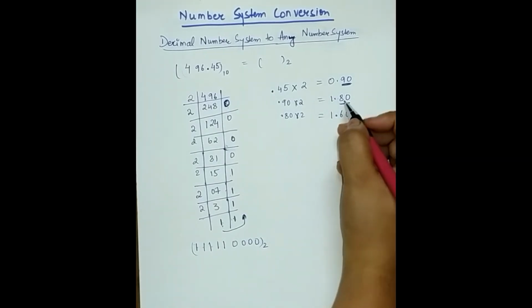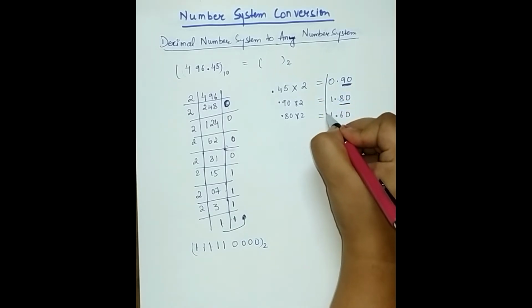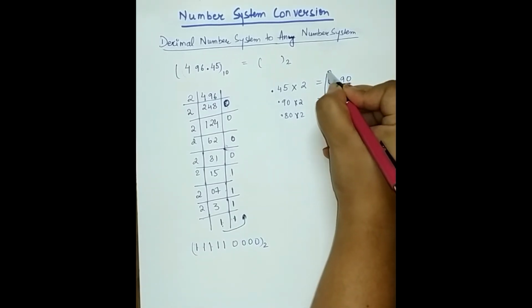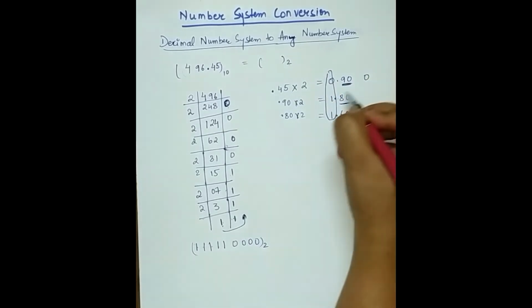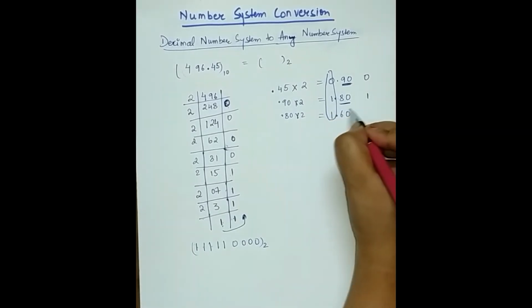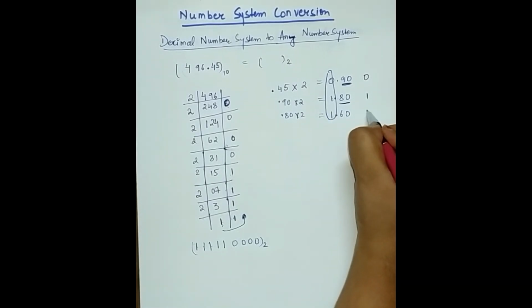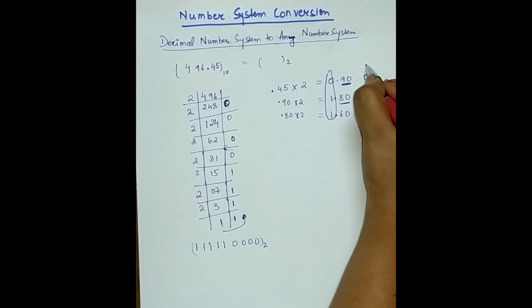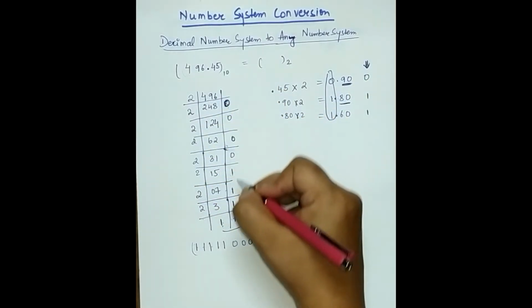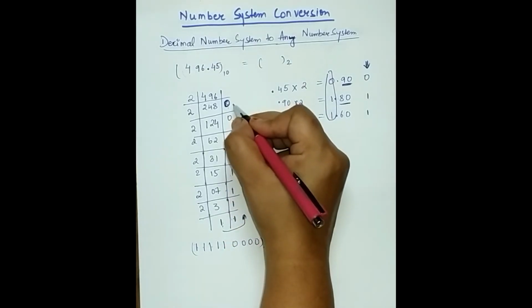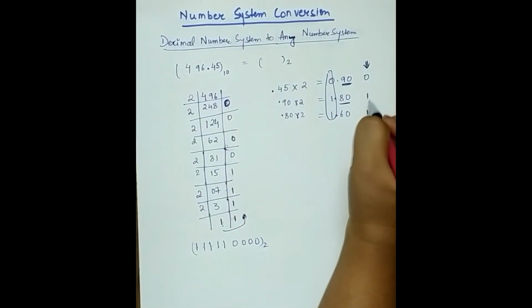Then again this portion, so you see this portion. From the first one I have got 0, from the second one I have got 1, and from the third one I have got 1. So you consider it from top to bottom. In the real part we considered bottom to top, but here you will consider top to bottom.